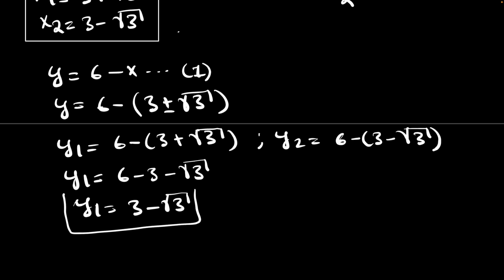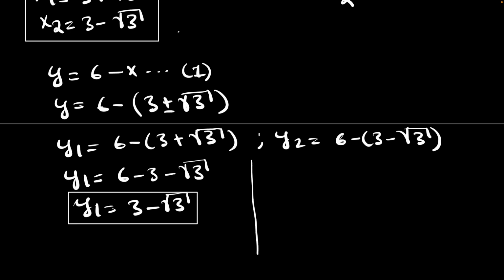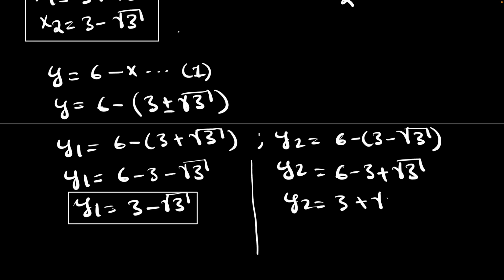So this is the value of y1, and on the right-hand side we will have y2. For y2, 6, we are going to multiply this minus inside the bracket, so we would have minus 3, and negative times negative is positive, the square root of 3. y2 is equal to 6 minus 3, which is 3, plus the square root of 3.